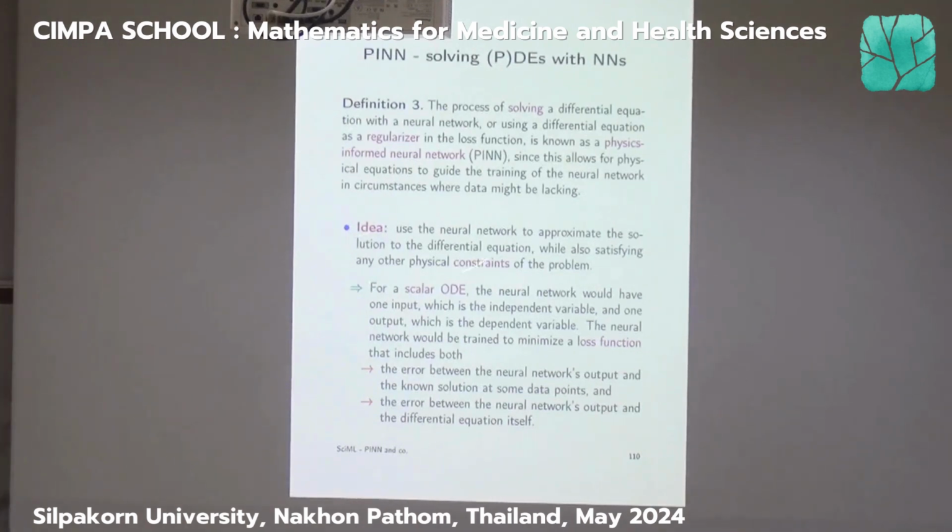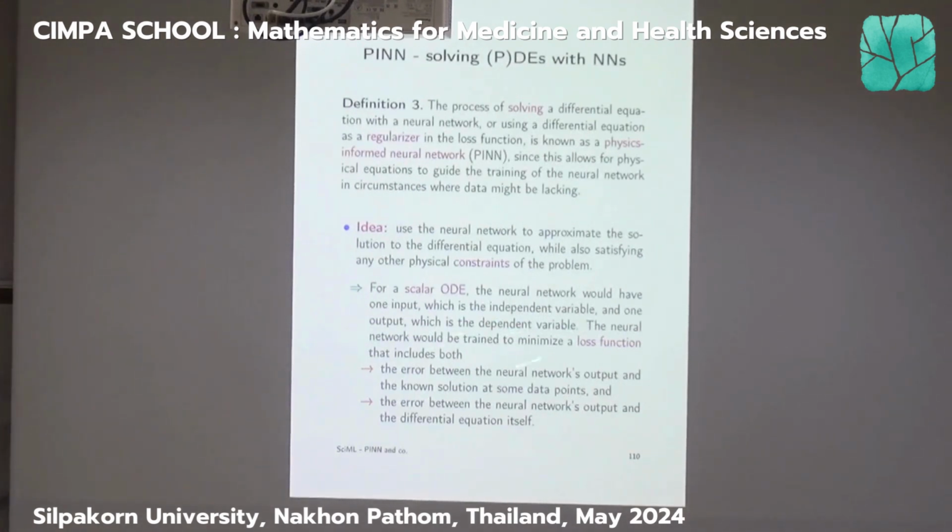So the idea is to use the network to approximate the solution, while at the same time satisfying any other physical constraints. For a scalar ODE, for example, the neural network will have one input, which is the independent variable, and one output, which is the dependent variable. The input will be t, and the output will be x.